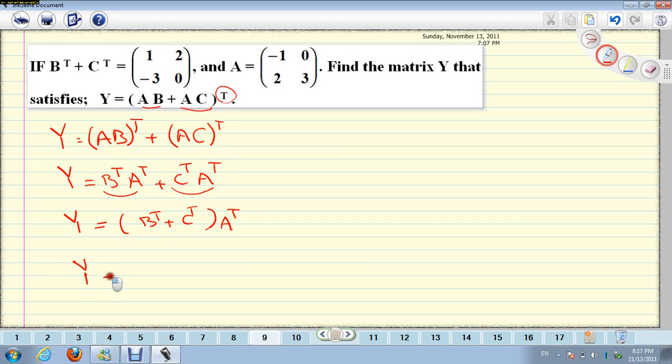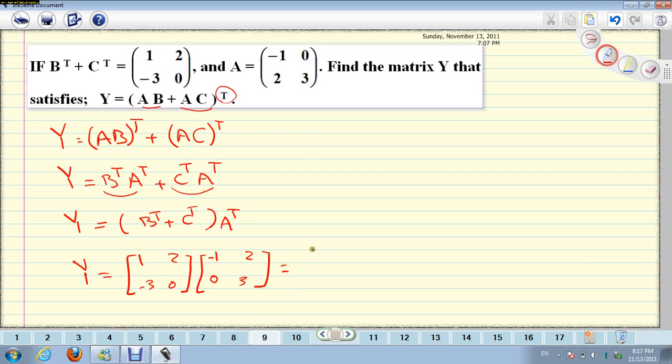Okay, Y equals B transpose plus C transpose, which is 1, 2, -3, and 0, multiplied by A transpose, which is -1, 0, 2, and 3.